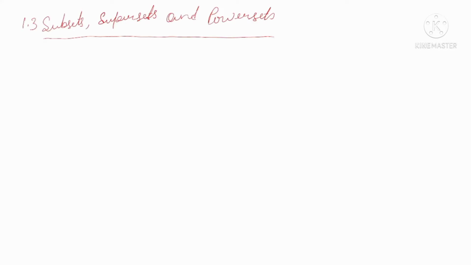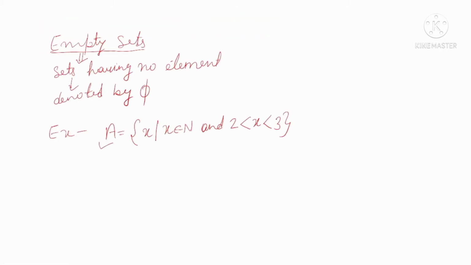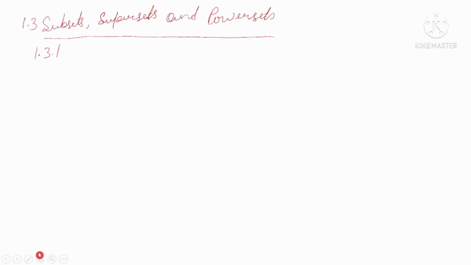So what are these things? The first I can write down here, 1.3.1. Okay, let me select another color. Blue, it will be better.